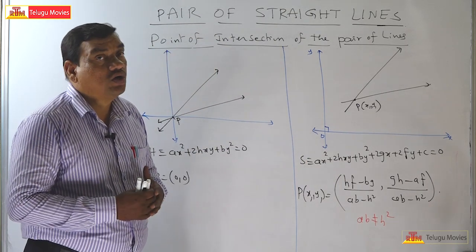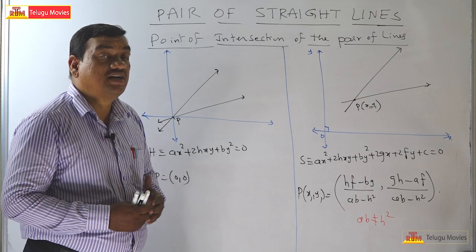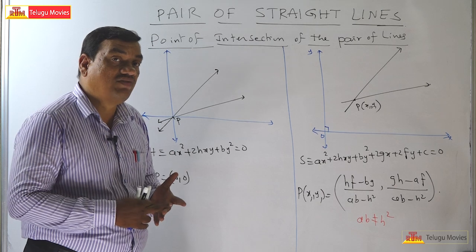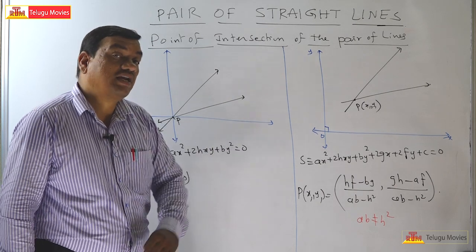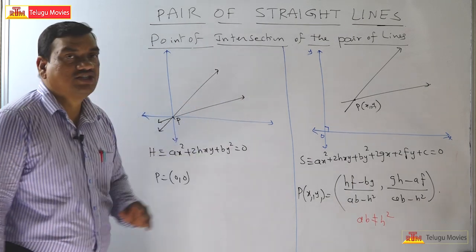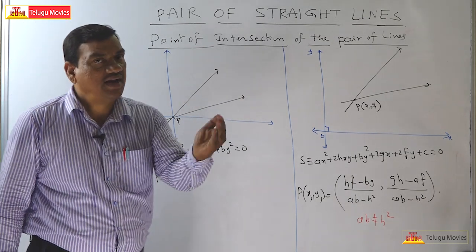Compare like coefficients, find out the a, b, c, f, g, h values, and substitute there, you will get the point of intersection. Okay? I hope that you understand this concept. So, let us go for the next concept.